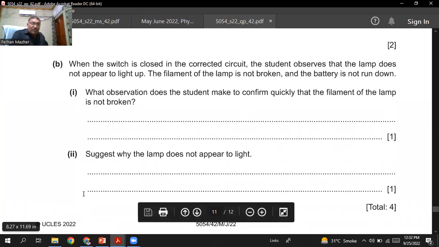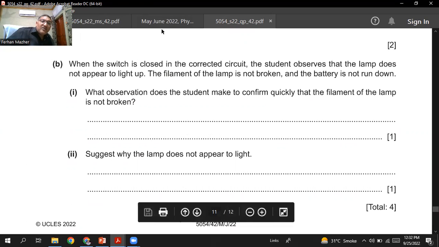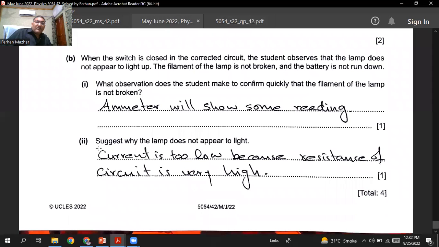When the switch is closed in the corrected circuit, the student observes that the lamp does not appear to light up. The filament of the lamp is not broken and the battery is not run down. What observations does the student make to confirm quickly that the filament of the lamp is not broken? You see, when you connect this, the lamp has not lit.